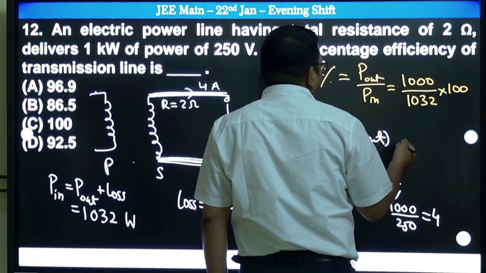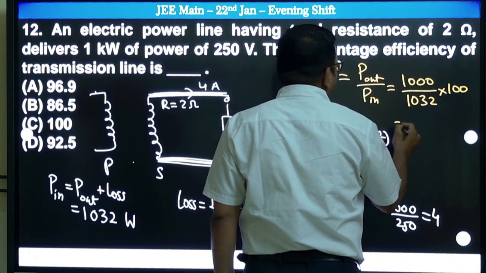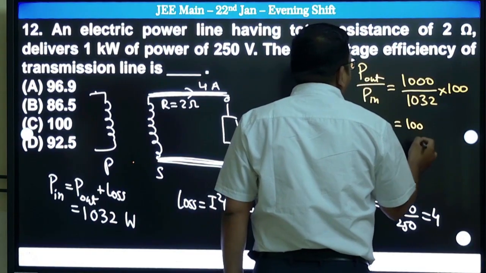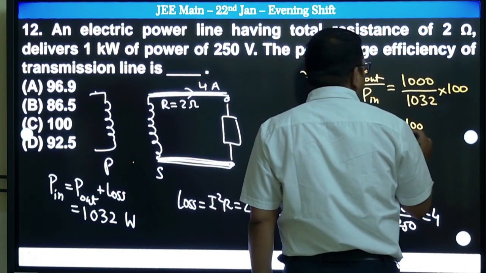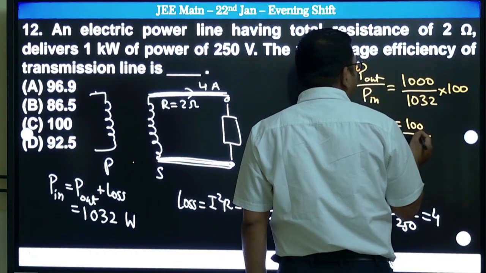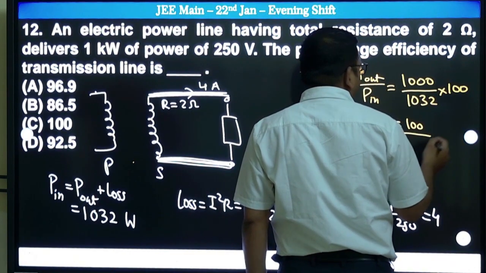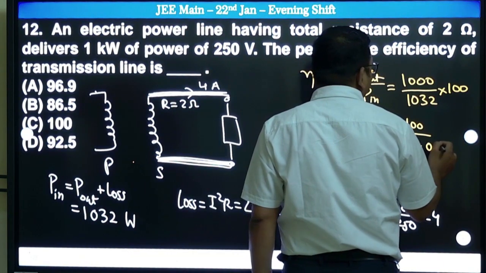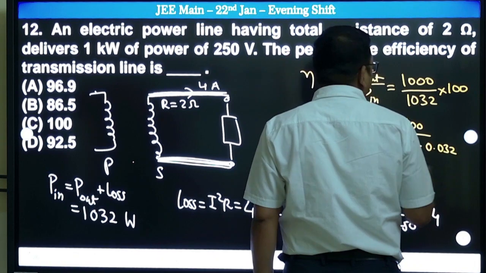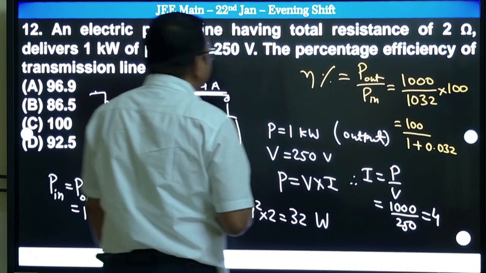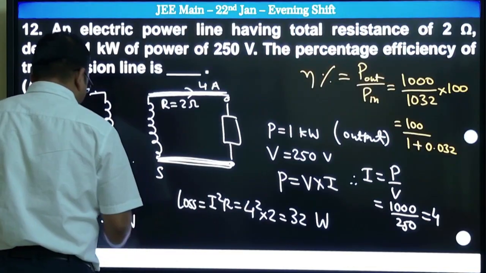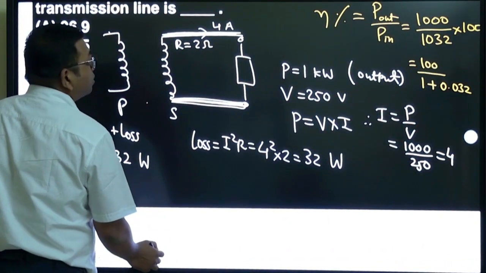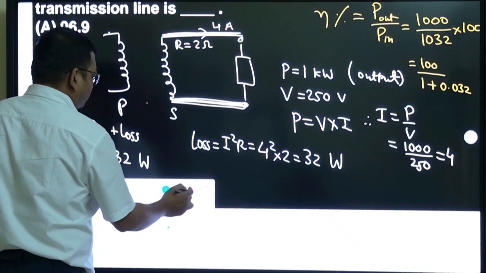Maybe some binomial approximation you can try. Suppose if I take 100, 1000 can be cancelled. So in the denominator we can put 1.032, so 1 plus 0.032, and we can take it to the numerator and try to calculate.